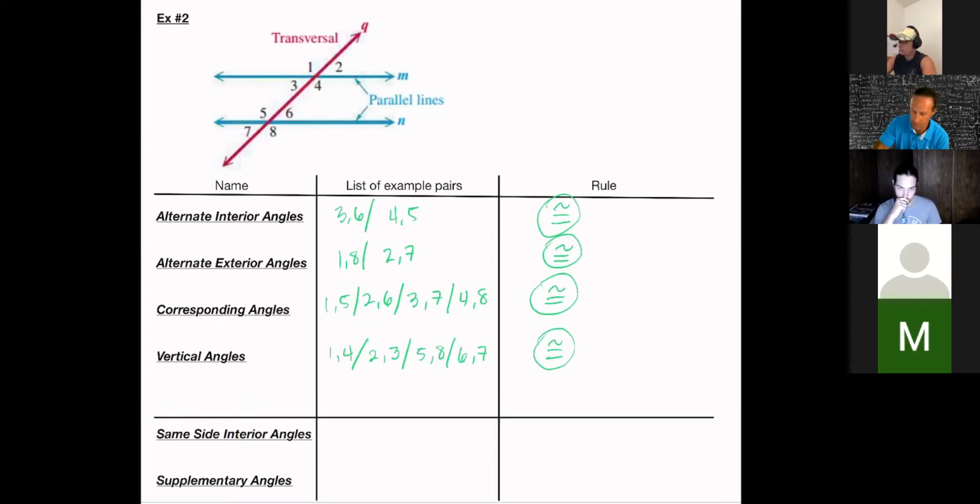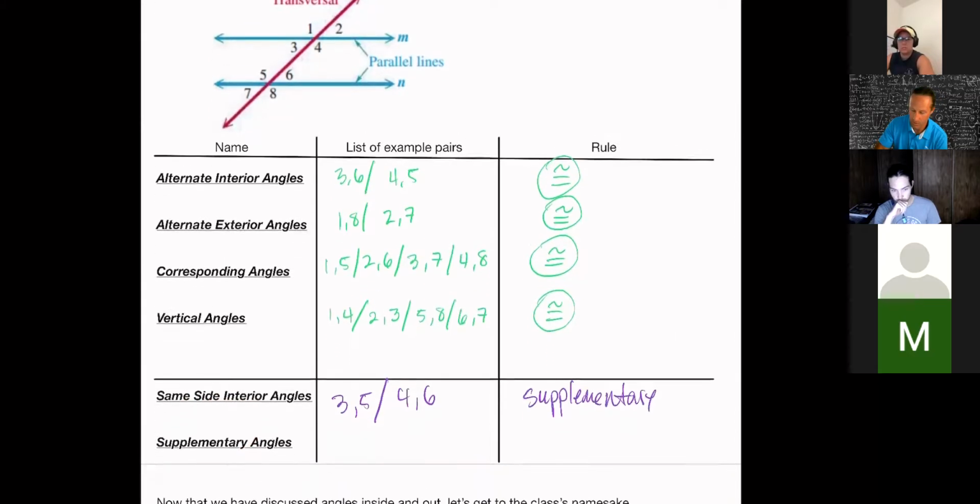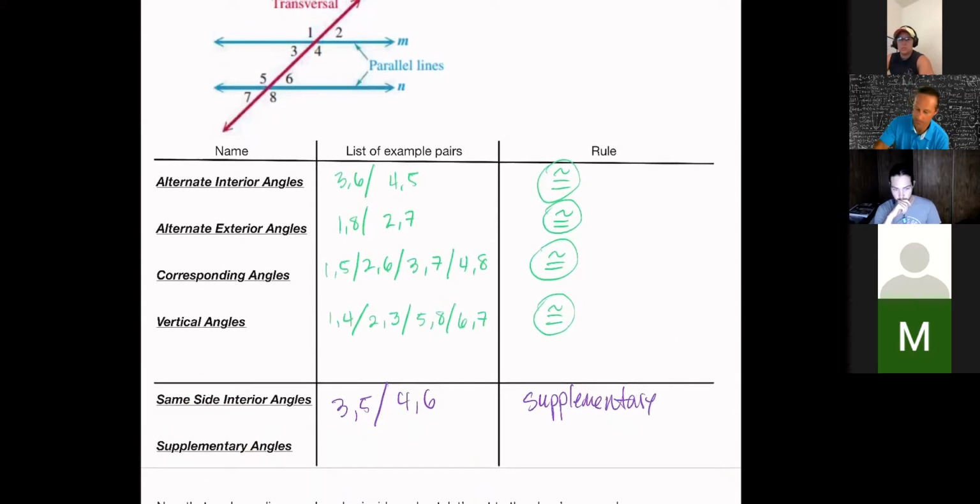So I'm going to use a different color to denote a different rule. And we're going to say that angles 3 and 5 and 4 and 6 are supplementary. And I wanted to remind you one more time what supplementary meant. What are supplementary angles?